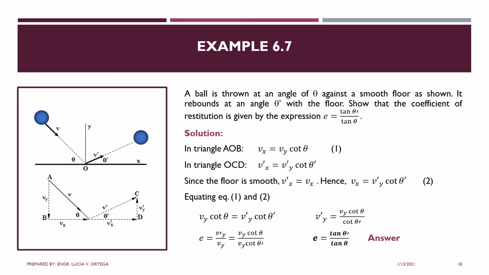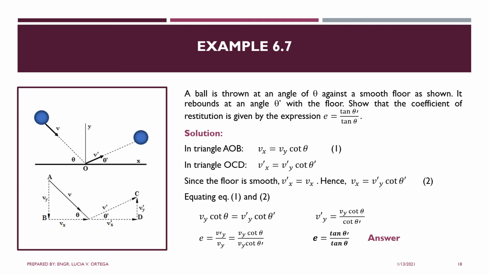We equate these two equations, equations 1 and 2. So when we equate, we can write B sub prime y is B sub y cotangent theta over cotangent theta prime.